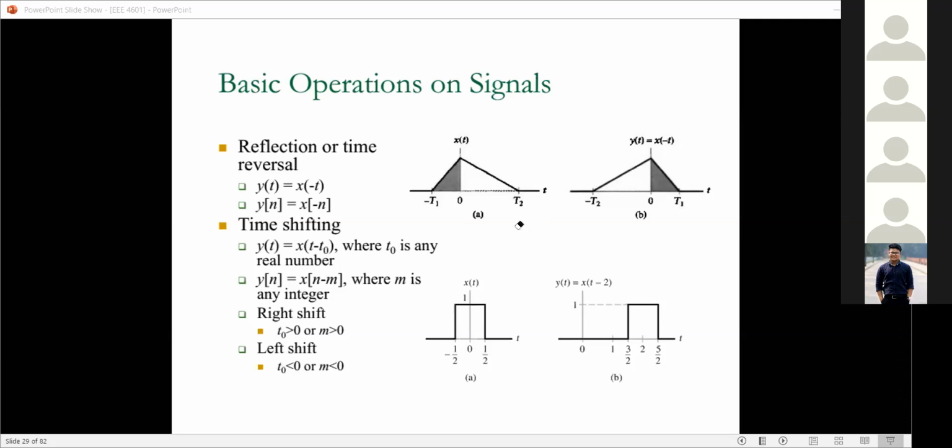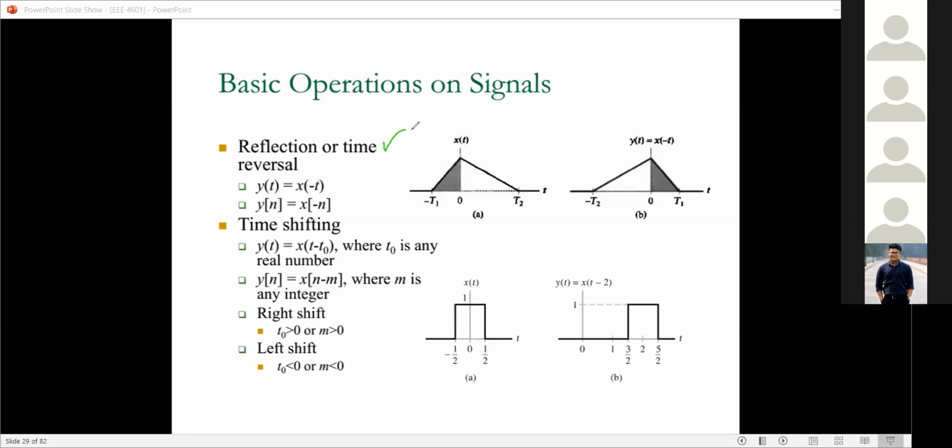Now we have another operation that we have already illustrated for the case of even and odd signals, and if a signal is neither odd nor even. This is again reiterated here, try to understand it. That operation is called reflection or reversal in the time domain, or flipping your signal with respect to the vertical axis.